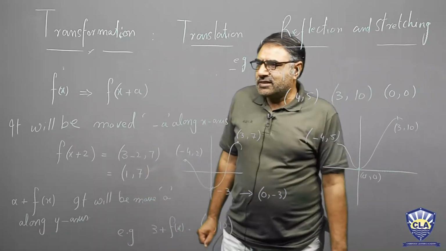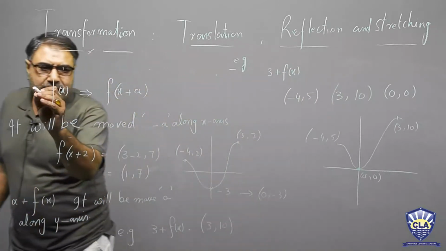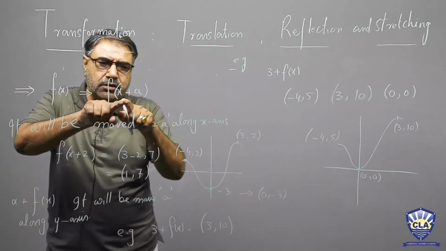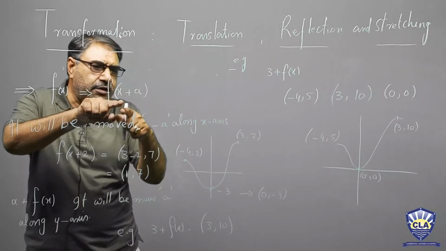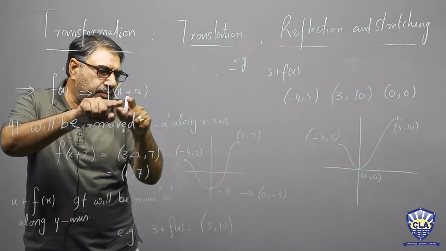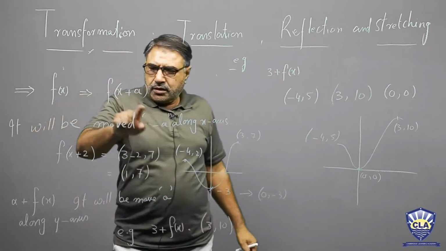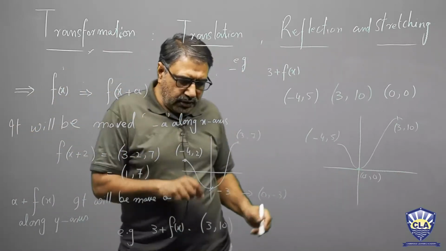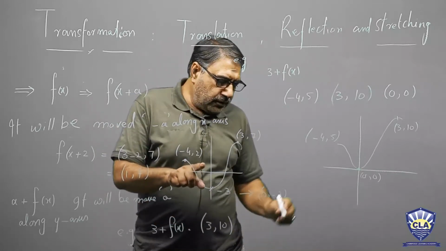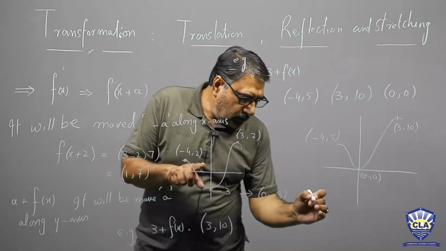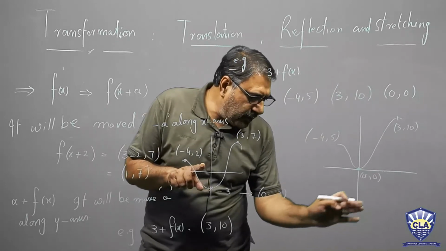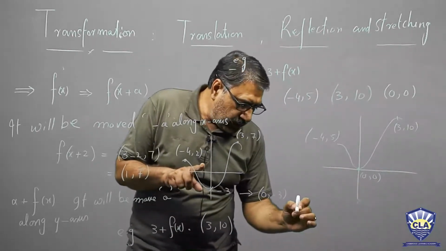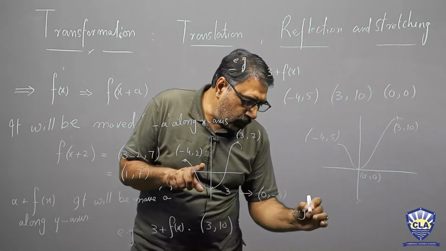Now translation is adding. If a is added in x, then it will be subtracted. Now we will apply the same on that graph. He said, please translate this graph. Example number 2.